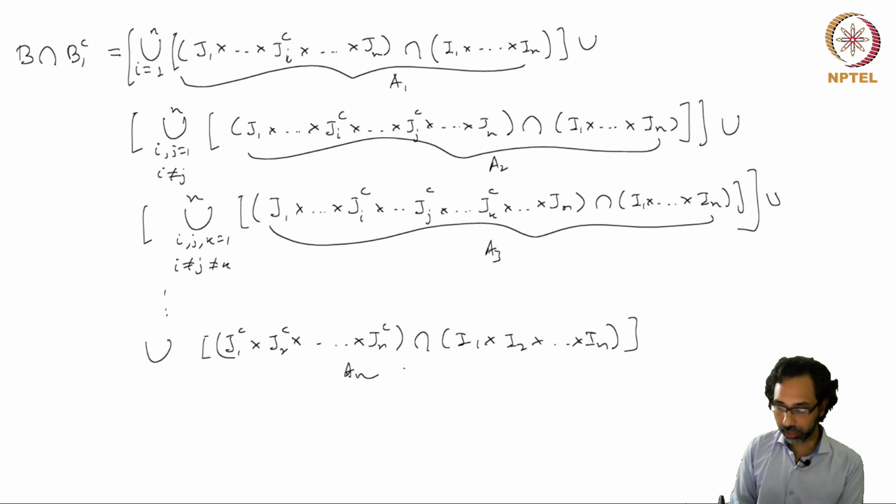In particular, AN itself is a box because you have just one, and therefore we have proved that B intersection B1 complement is an elementary set.